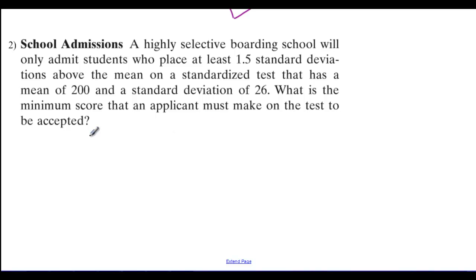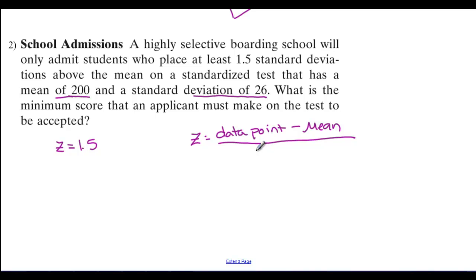All right, so it's giving us that we need to have a z-score of 1.5. We're going to have the mean of 200 and a standard deviation of 26. So the z-score is the data point minus the mean over the standard deviation.